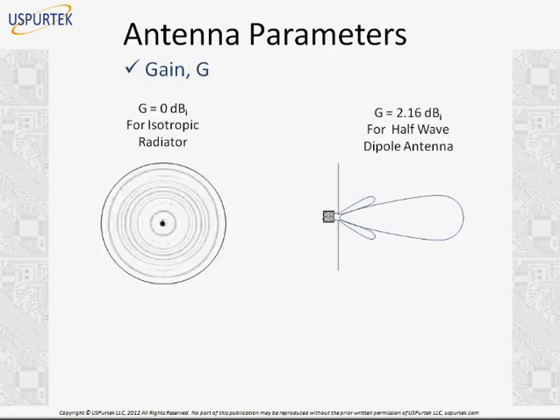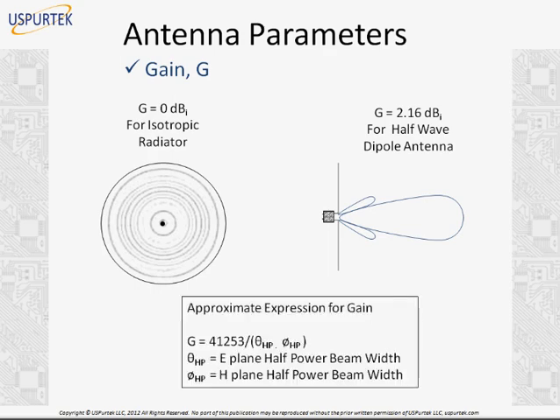For an isotropic radiator, typically the gain is 0 dBi, and for a half-wave dipole antenna, it is 2.16 dBi. There is another expression that can be used to calculate this gain from the field and power patterns. From practical measurements in the field for the E plane half power beam width and the H plane half power beam width, you can use this formula to calculate the gain. RF engineers prefer using this formula because it gives a practical measurement of gain for a typical antenna system.